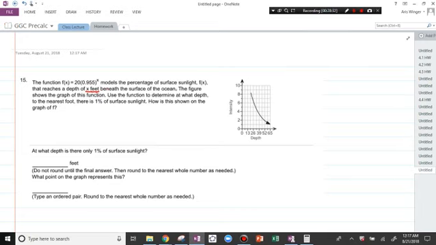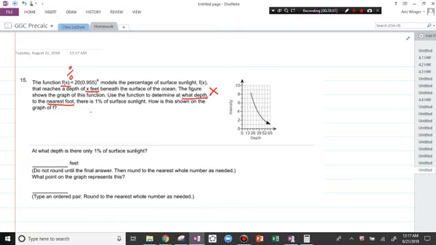So x is in feet, we're just looking at the units, and f of x is in a percentage, right? Use the function to determine at what depth, that means they're looking for x, at what x to the nearest foot, you're going to round to the nearest whole number, there is 1% of daylight.